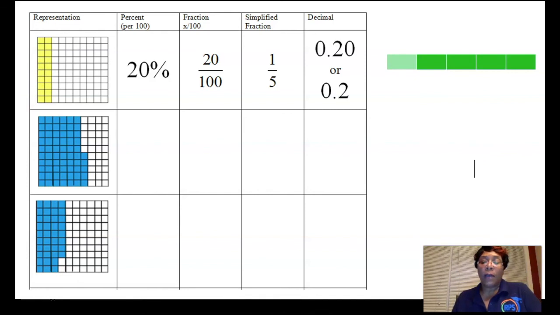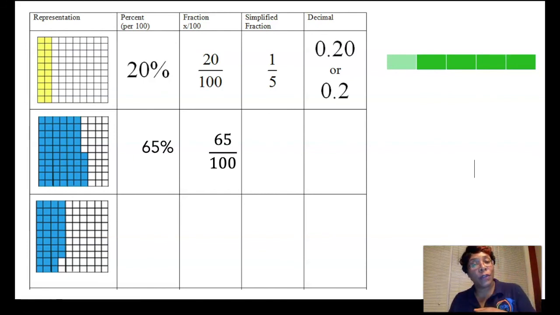I'm going to count each one, and it gives me 65 units that I counted that are in blue. So that gives me 65 out of 100, 65%. As a fraction, that's 65 hundredths, but I can simplify that. Go back to your factors of 100.